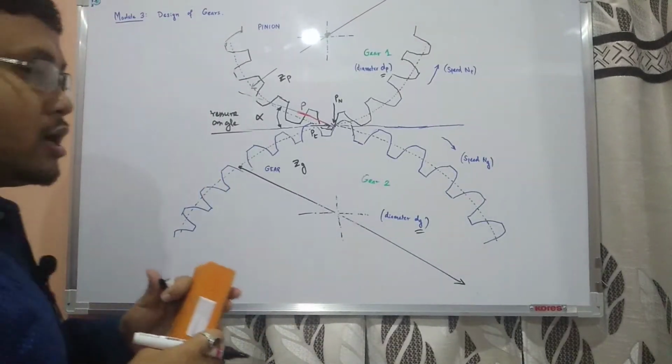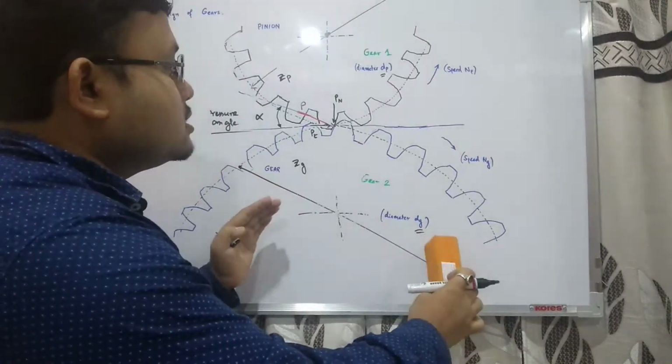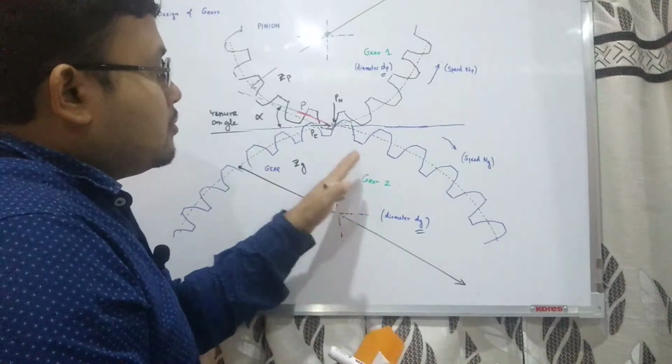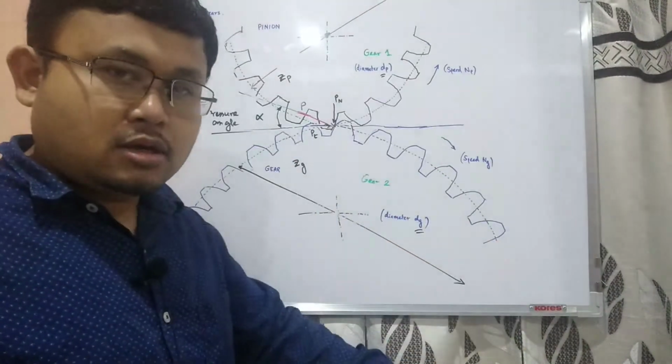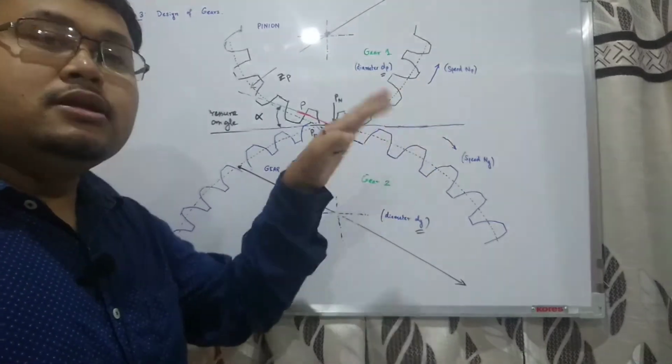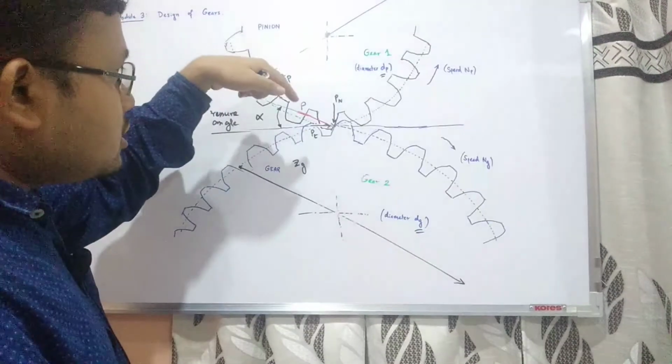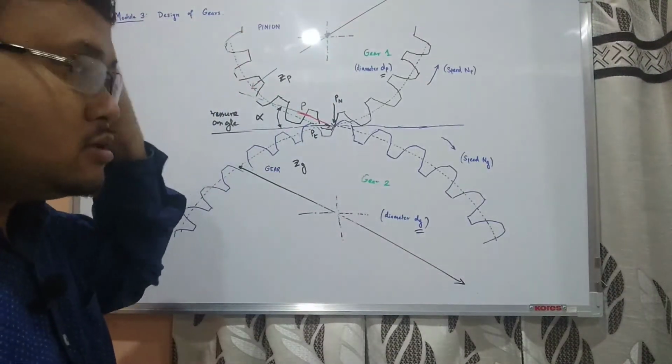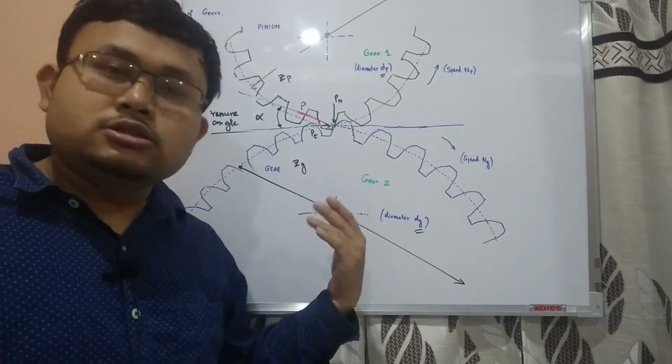So you know that as we go on increasing the diameter, the number of teeth will also increase, because the gear is larger. But the speed will decrease, because the smaller gear rotates faster and the bigger one rotates slower.